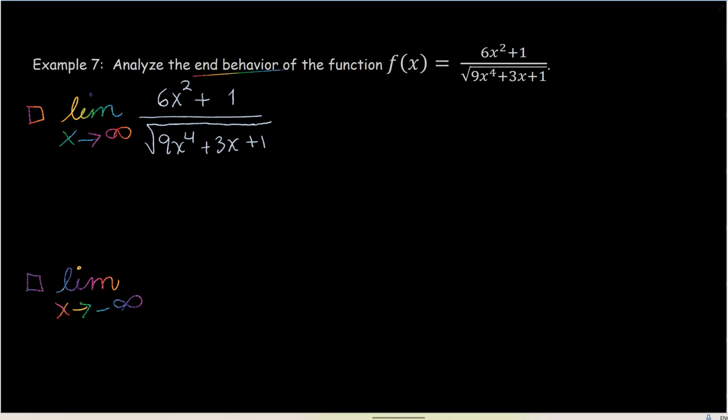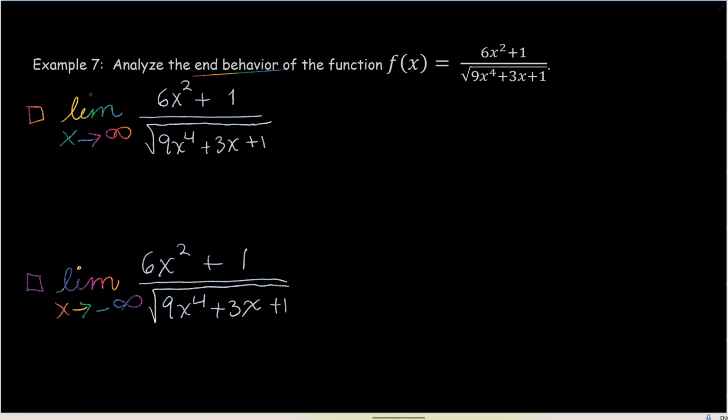These are the same concept, and it is the concept of limit at infinity. So you are looking at the limit as x goes to infinity or x goes to negative infinity of your function. So this would be (6x squared plus 1) over the square root of (9x to the fourth plus 3x plus 1).